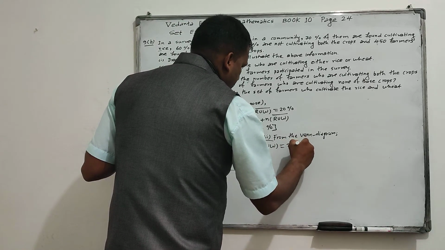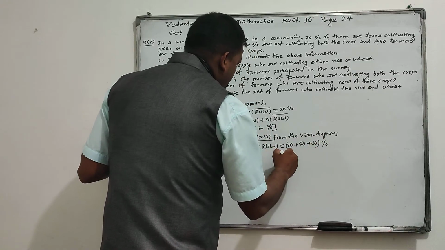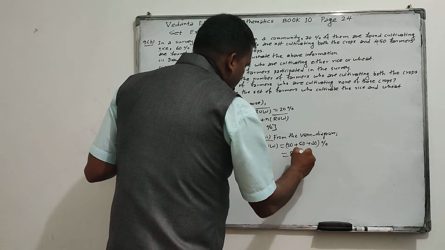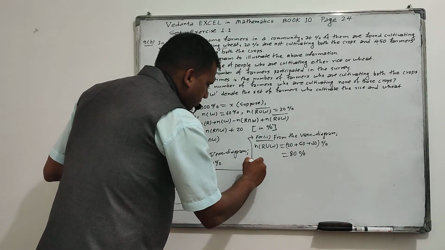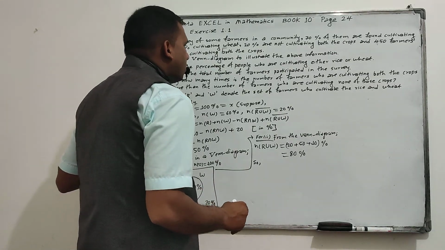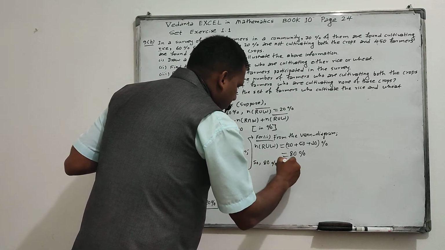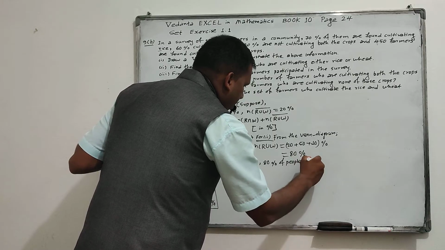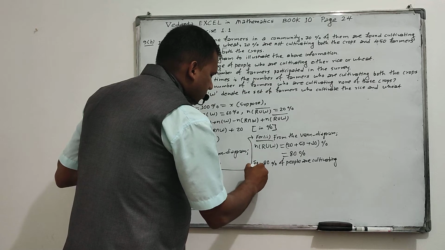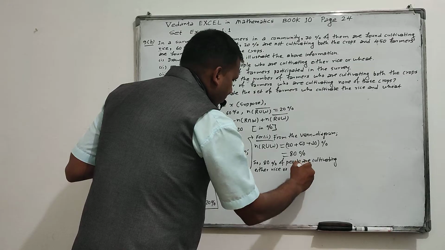This equals 50 plus 20, 70 plus 10, 80%. So 80% of people are cultivating either rice or wheat.